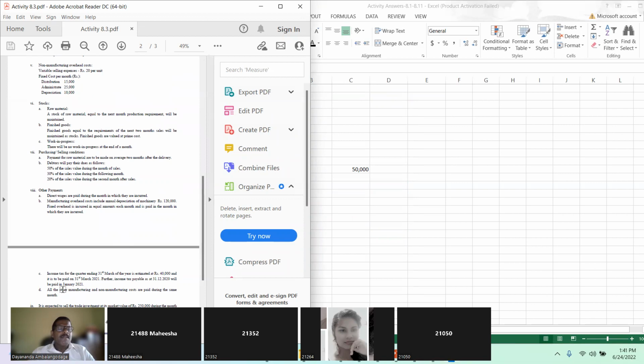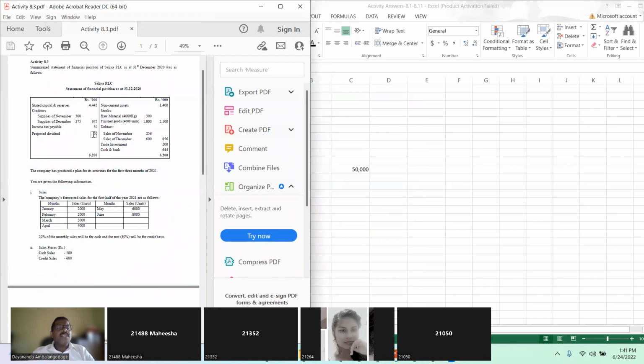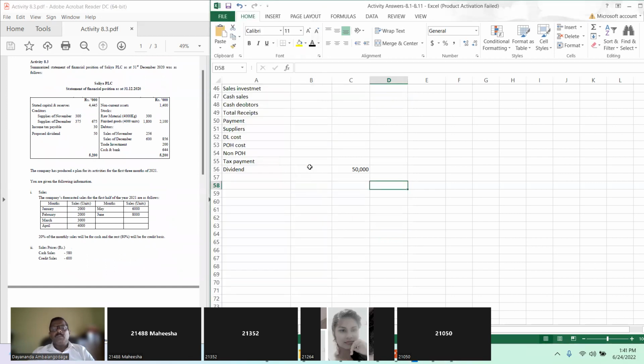Income tax for the quarter ending 31st March, 40,000, is to be paid on 31st March, and further tax payable 31st December will be paid in January. Here it is 30,000 in this month. And also the tax for the quarter is 40,000, which is paid in March.